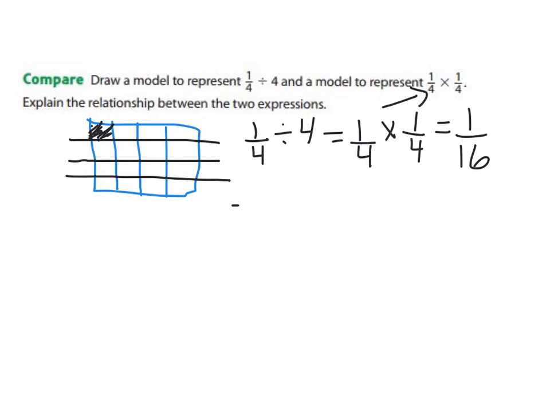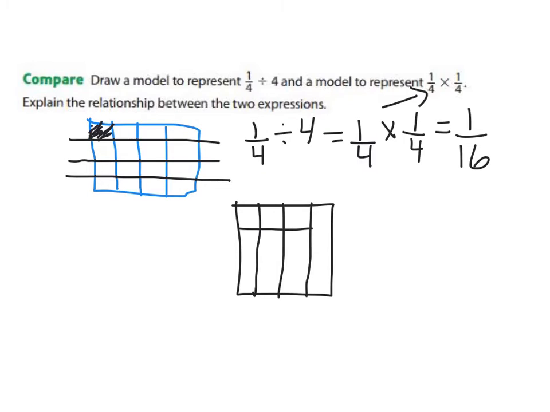The other way we learned how to do it when we were multiplying is draw your model. So you have 4 columns, and you have 4 rows. And then when you shade in, you're going to remember that first you're going to shade in 1/4 this way.